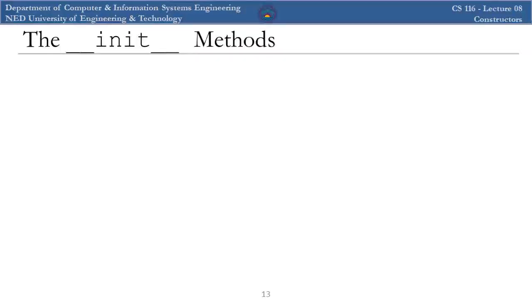Now let me recap the concept of method overriding and method overloading for you here. Method overriding happens when you implement inheritance. There is a parent class containing a method, and in the child class you redefine that method.